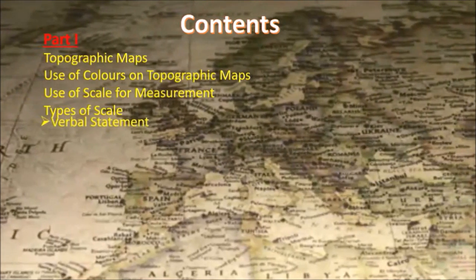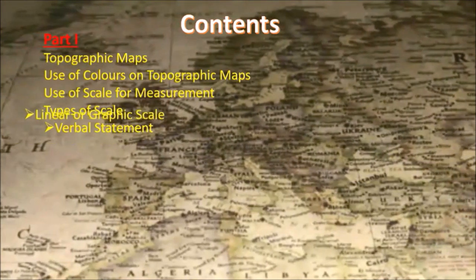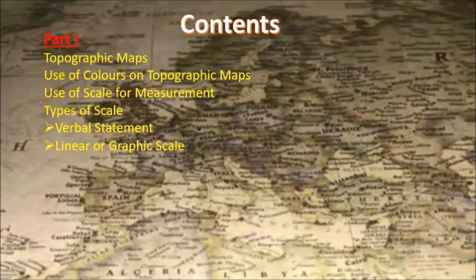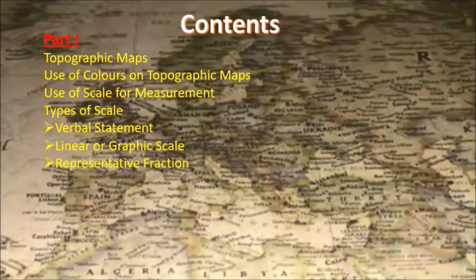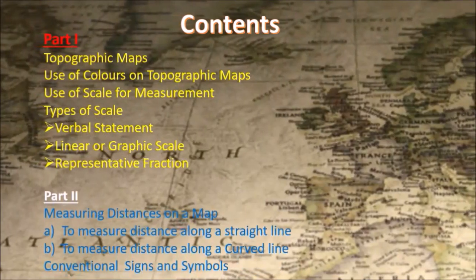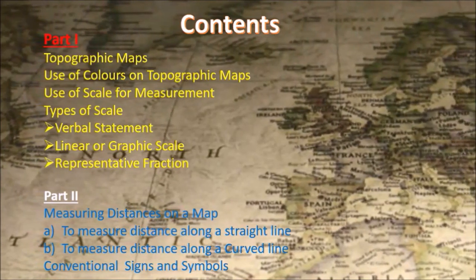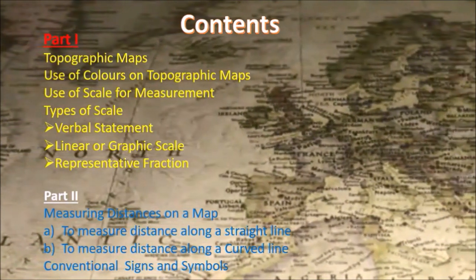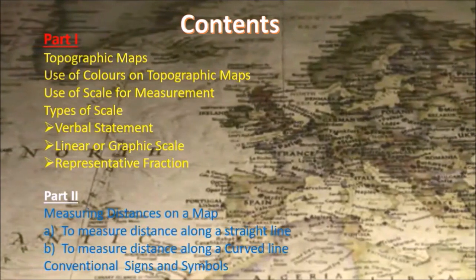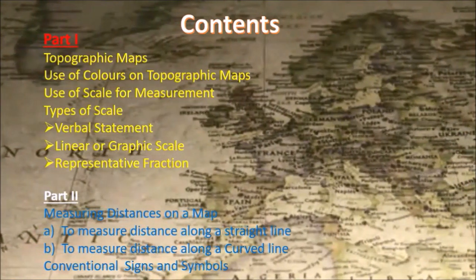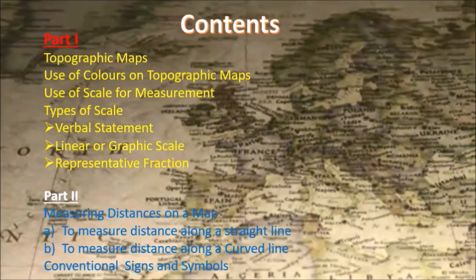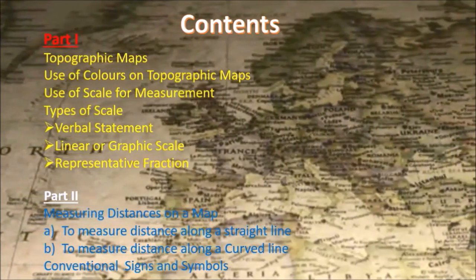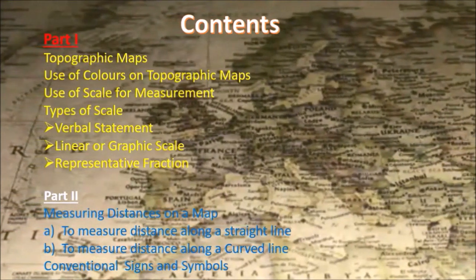They are verbal statement, linear or graphic scale, representative fraction. The second part is based on measuring distances on a map, to measure distance along a curved line and to measure distance along a straight line, and conventional signs and symbols.